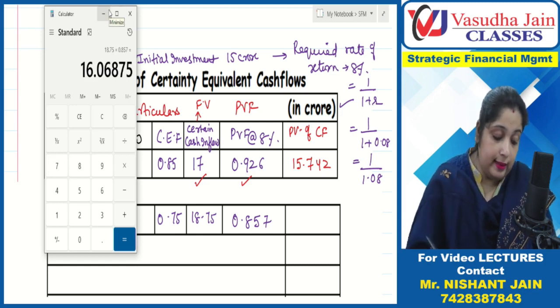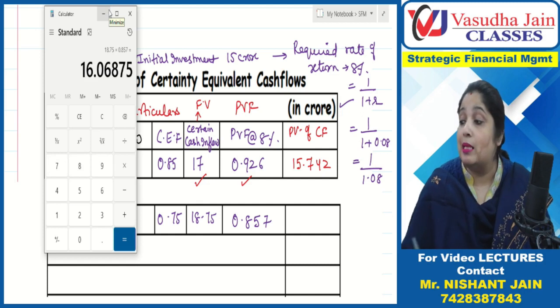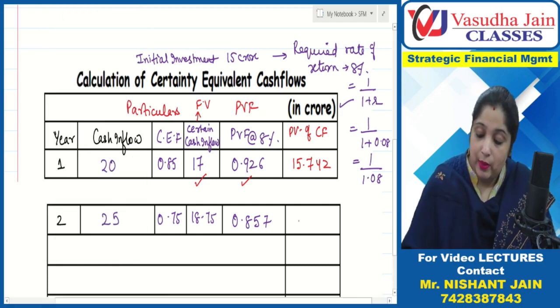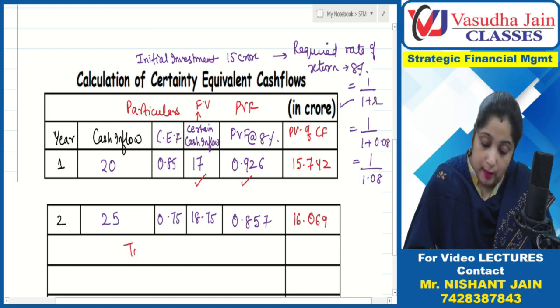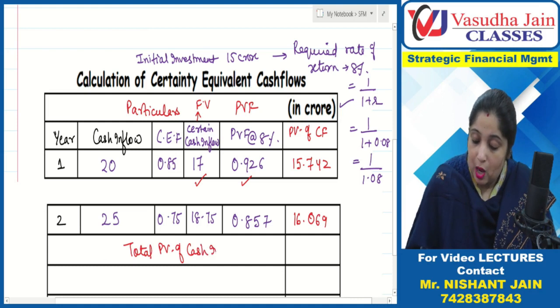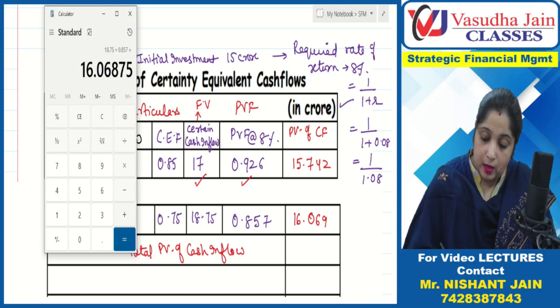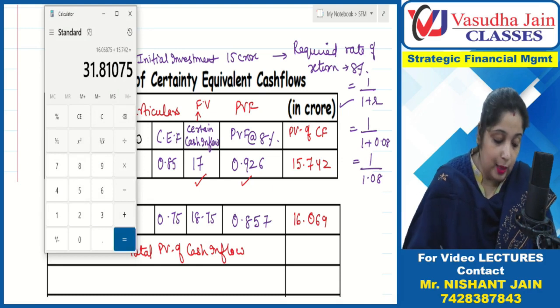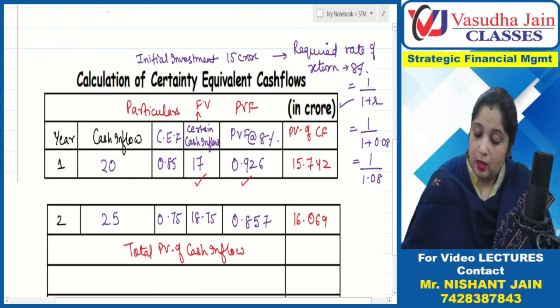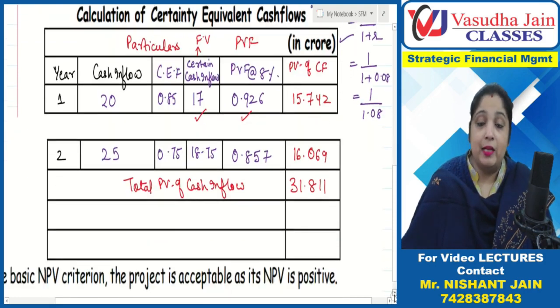So we can write it like this, 16.069. Up to 3 decimals we are taking the figure. Now the total present value of cash inflows is how much? Let us add these two figures, 16.069 plus 15.742. So we are getting 31.811. This is the present value of cash inflows.